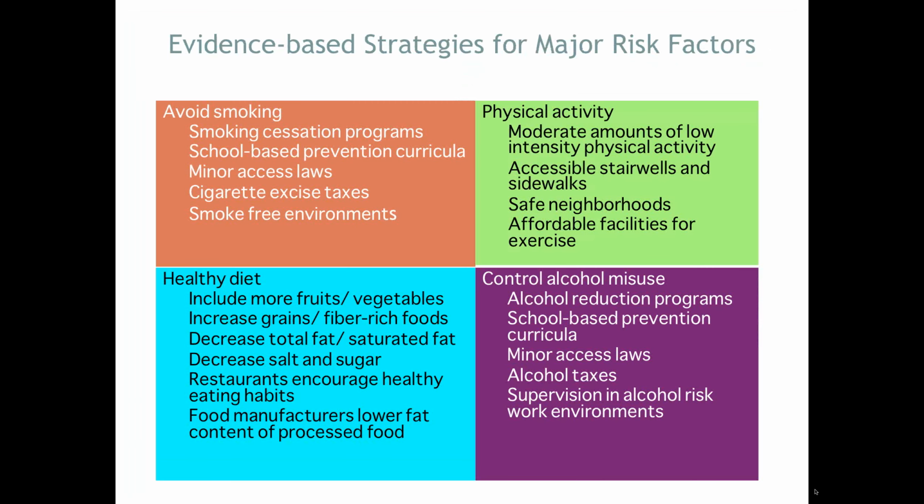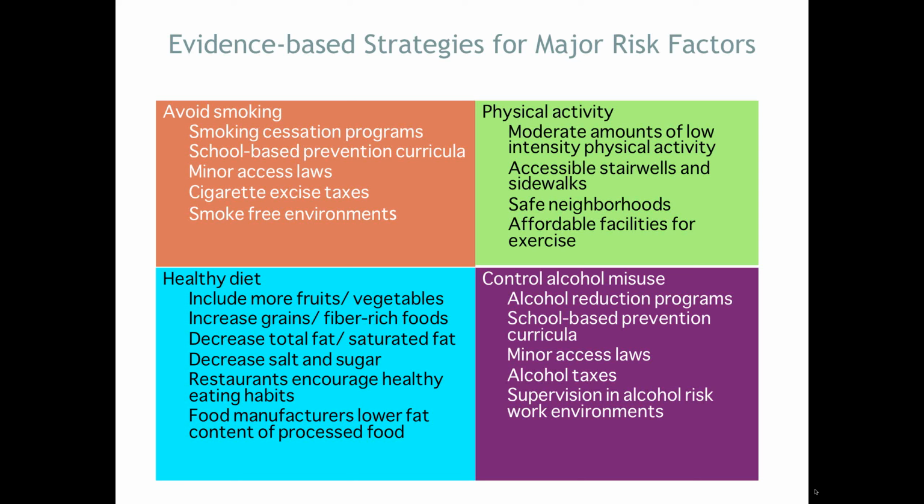These are some examples, again, drawn from the Community Guide, just to give you an illustration of the types of strategies. So these are evidence-based strategies, and I took the major risk factors of preventable death that we discussed earlier: tobacco use, physical inactivity, poor diet, and alcohol misuse.